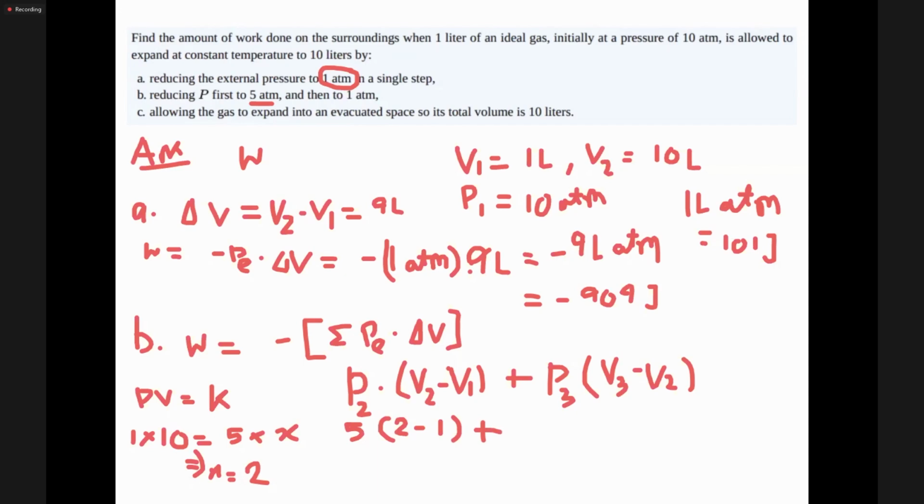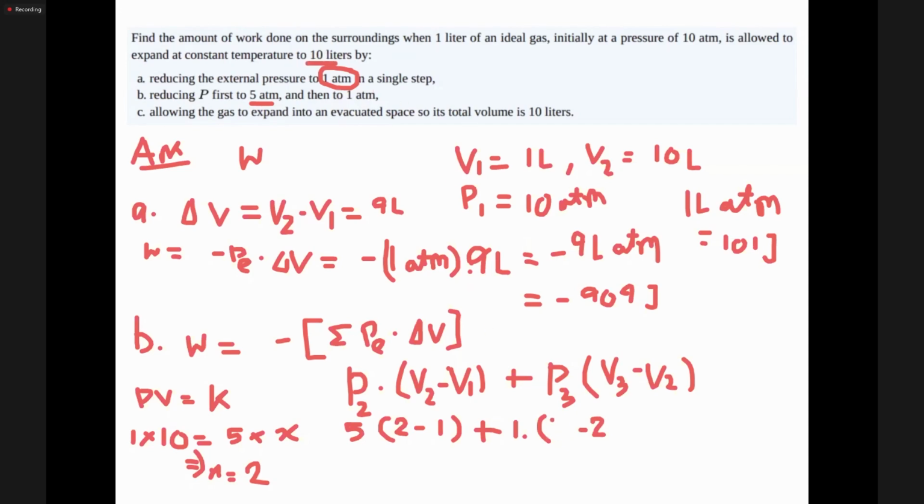Likewise, we will calculate P3. In case of P3, you see finally it will be 1 atmosphere. So P3 is 1. Now again we have to calculate V3 minus V2. From V2 we have calculated V2 is 2. And what will be the final volume? The final volume is written over here, that is 10 liters.